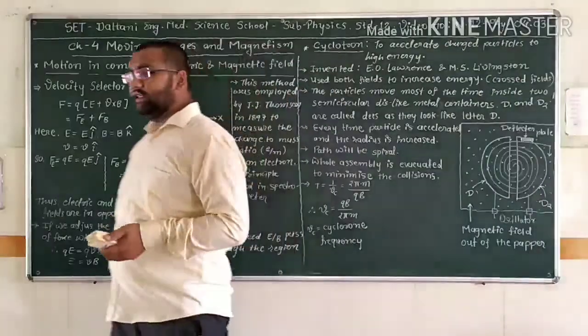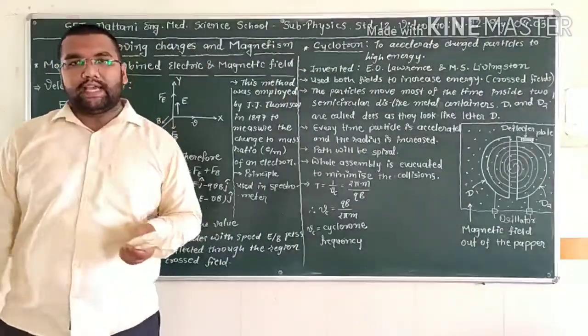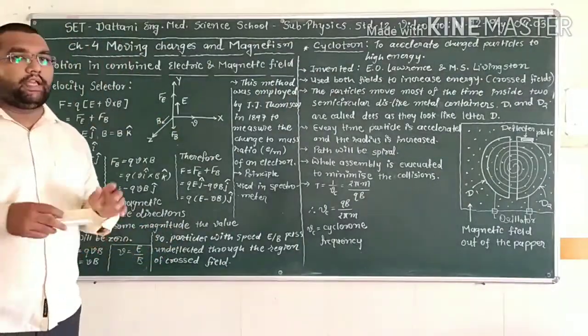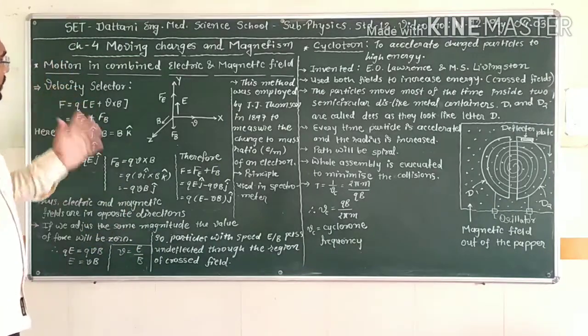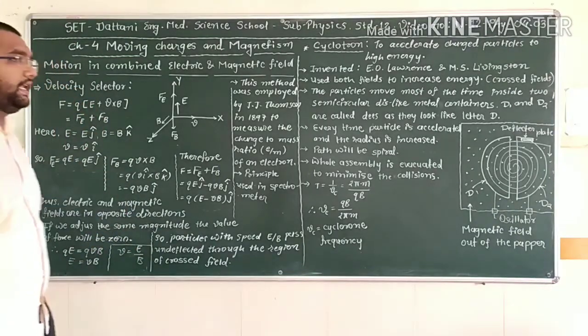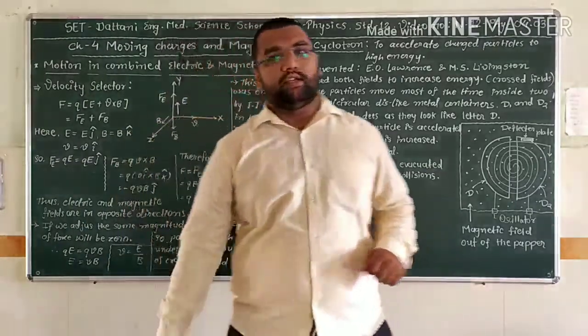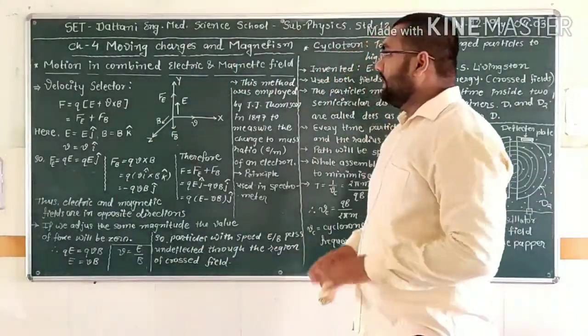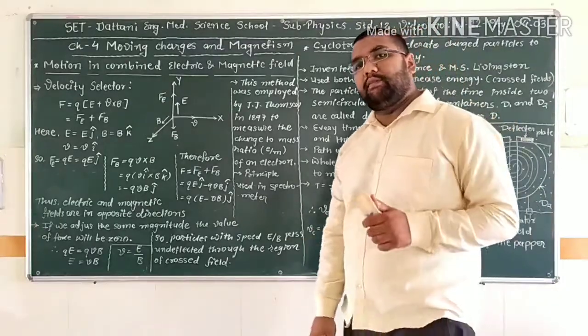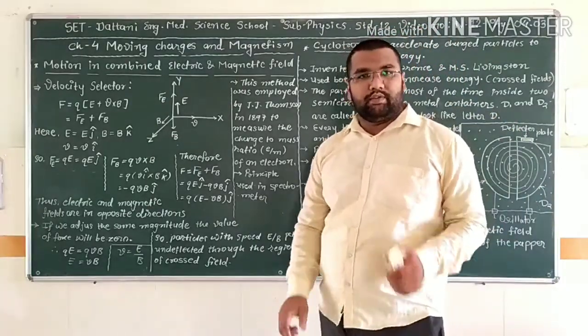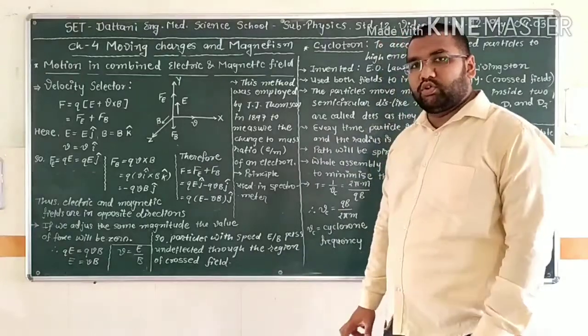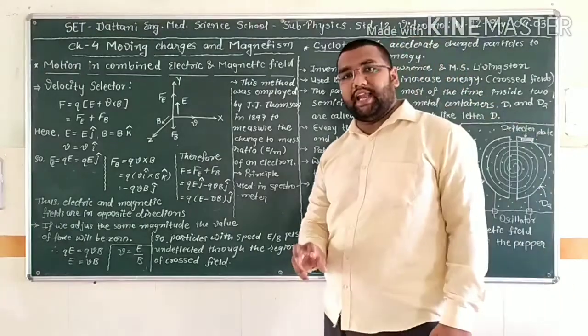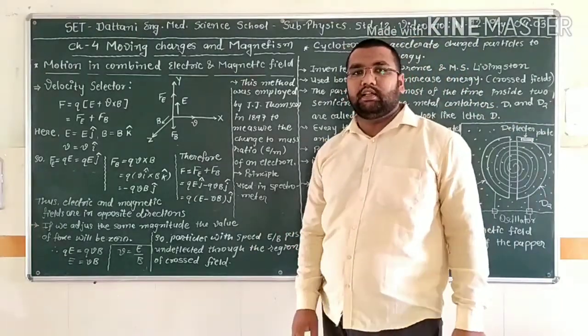We have discussed moving charges and magnetism in our previous chapter. So today we are going to learn about motion. We had learned the motion in electric field and in magnetic field. But today we are going to learn the motion in combined electric and magnetic field.